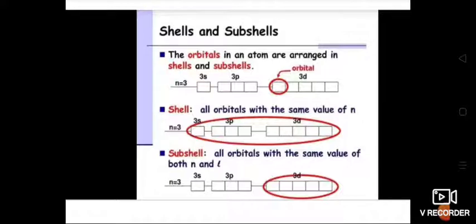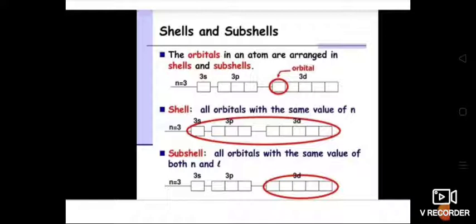So shell is all the orbitals with the same value of n. We'll say that suppose n is 3, then the whole is called a shell. Subshell, what is a subshell? All orbitals with the same value of both n and l form a subshell. Shell is the whole energy level.